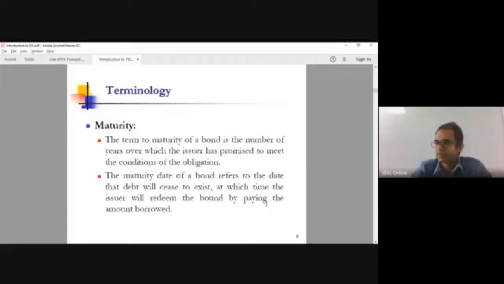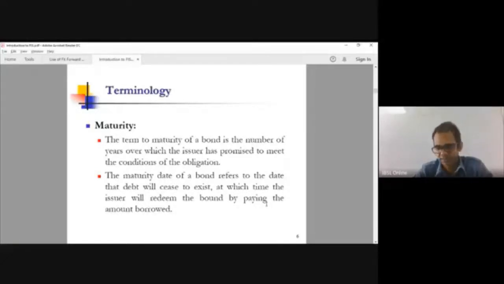Likewise, government bonds, you know that the government issued bonds with different maturities. They said in 2023 or 2027, 2045 or 2030. Likewise, this is basically the lifespan of the obligation. That is what we call maturity.